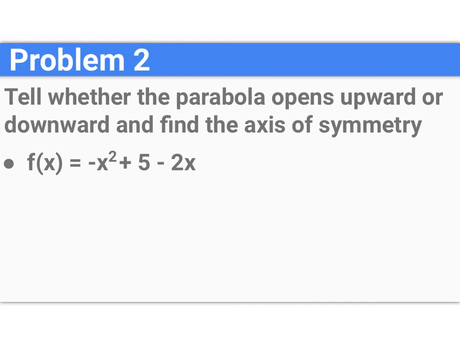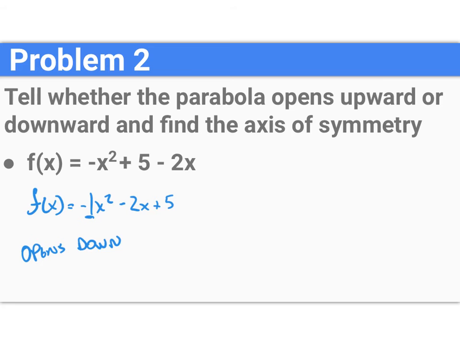Okay, same thing. Tell whether the parabola opens upward or downward. So we got to rearrange this one. -1x squared minus 2x plus 5. Our a term is negative, so it opens down.